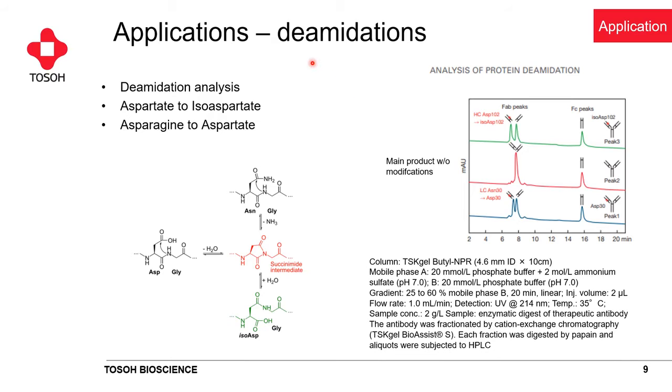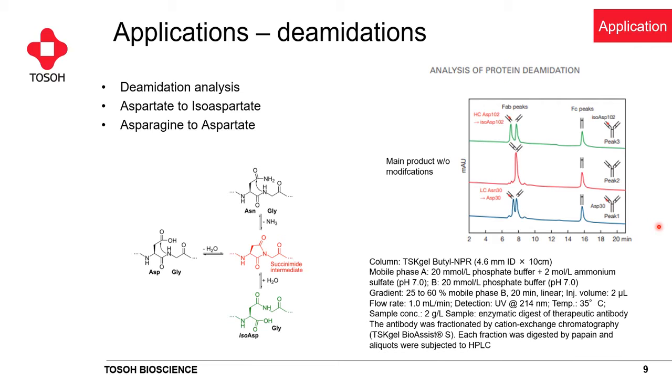Now, one thing that we saw on the overview of things we might be able to separate by HIC separations is deamidations. Deamidations occur during storage and aging of proteins, and this means we get from an aspartate to an asparagine or isoaspartate. In order to look at whether we can separate those modifications by HIC, we took an antibody sample that contained some of those modifications and fractionated it on ion exchange columns.